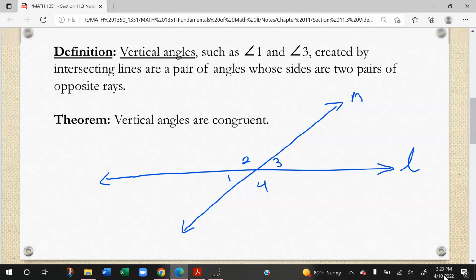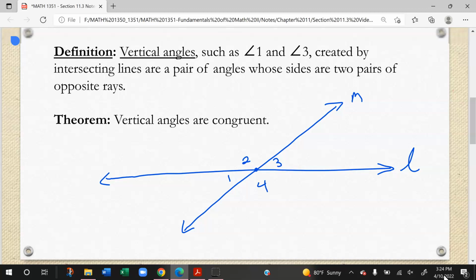And they are created by rays, opposite rays, so they don't share sides. They do share an endpoint, notice, but their sides are not shared or anything of that nature.